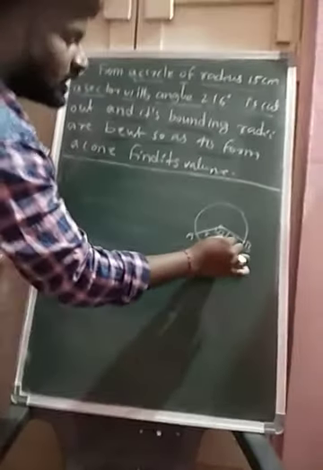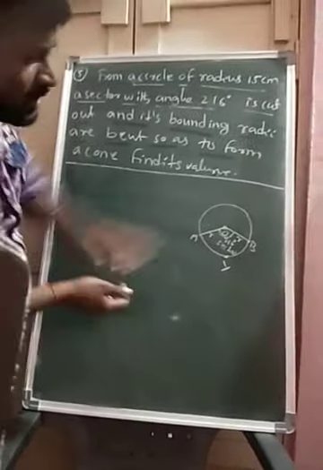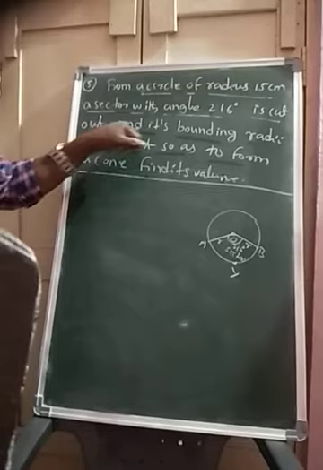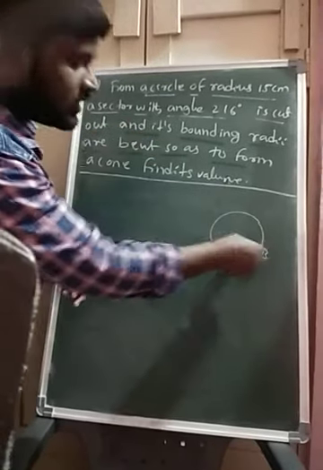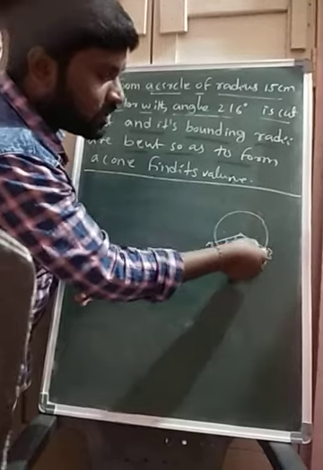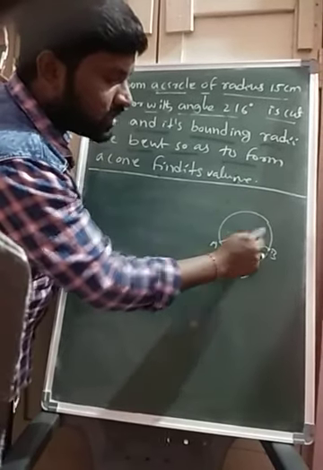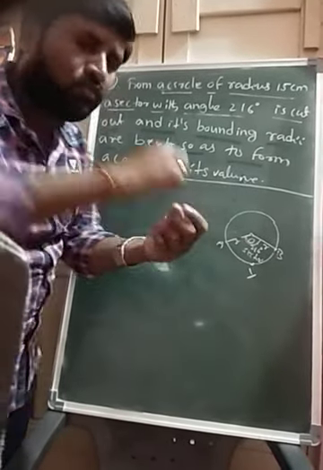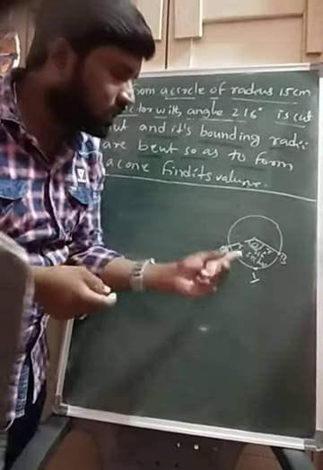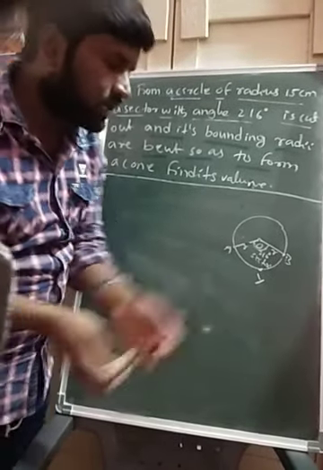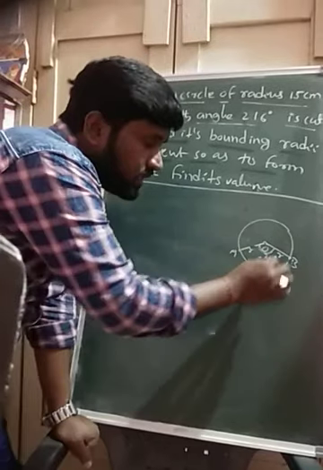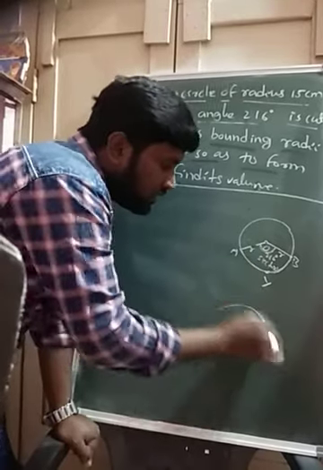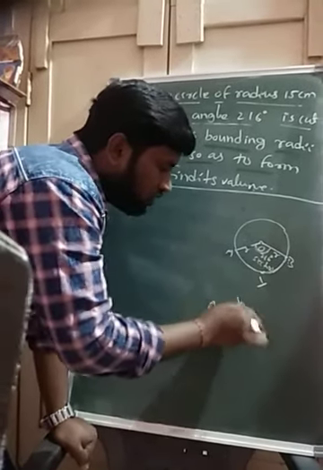So this particular part is cut out, and its bounding radii OA and OB, these two are radii. After cutting, if we fold like this, it comes in a cone shape.